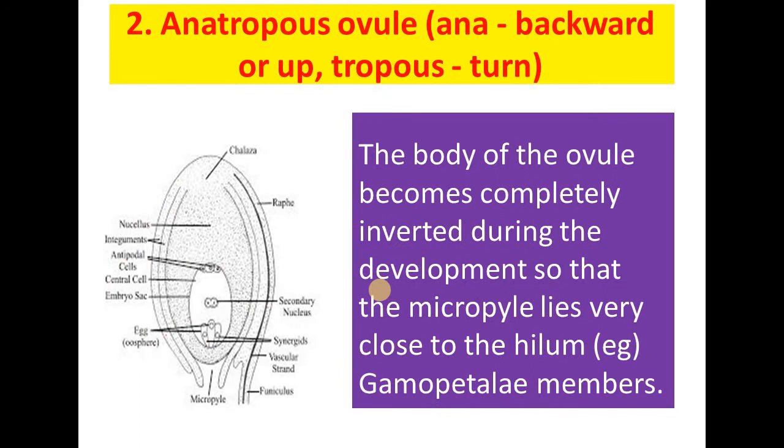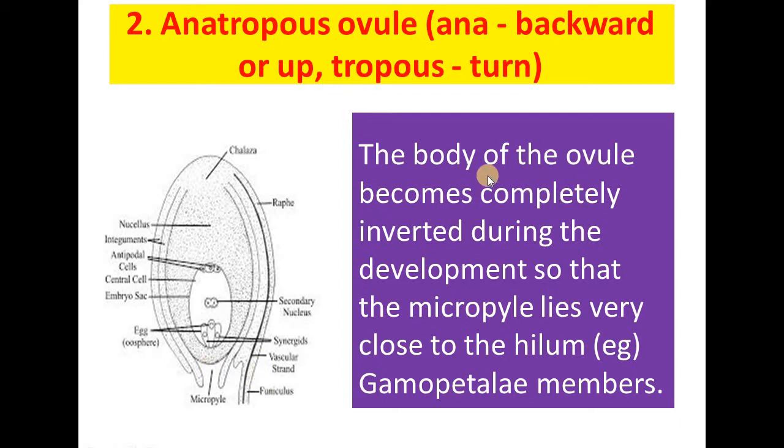Now the next type is the anatropous ovule. Here ana means backward or up and tropos means turn. In such kind of ovule, the new thing is a 180-degree turn, and as a result of this turn the micropyle will be very close to the funicle, close to the hilum.